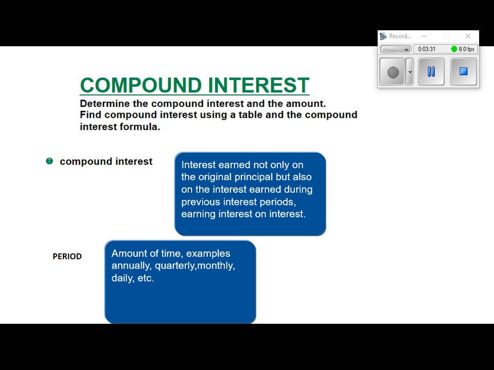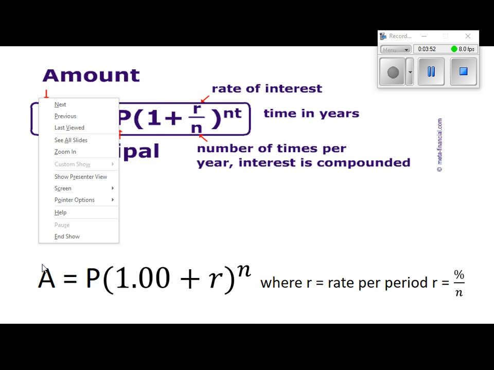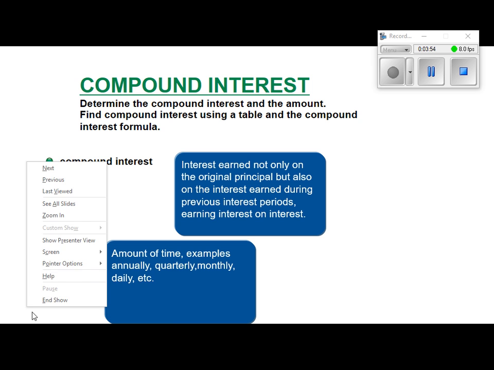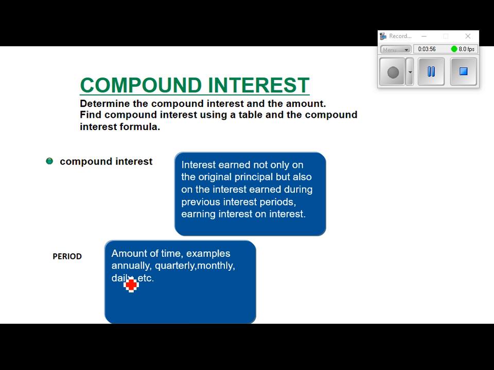Period is the amount of time. Fourth one down. Amount of time. Examples: annually, quarterly, monthly, daily. I'm going to write that out here. Sorry, should have been on pen. What does annual mean?